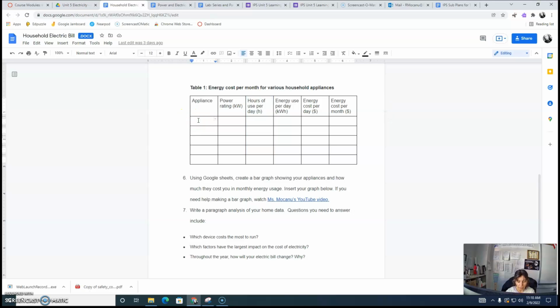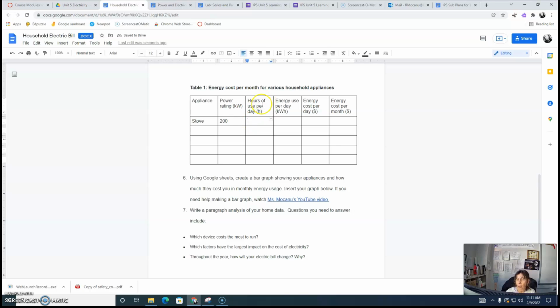For example, if the appliance I'm choosing is my stove, I'm going to look up the power, and I have no idea how much power off the top of my head a stove uses. But you can find that information online very easily. You would put in the search bar power rating of a stove, and let's say the number comes out to 200 kilowatts. Go ahead and put 200 kilowatts right there.